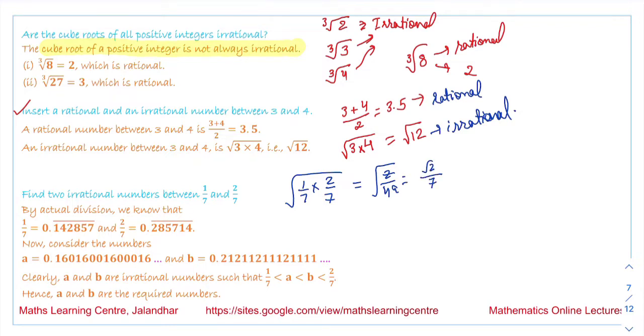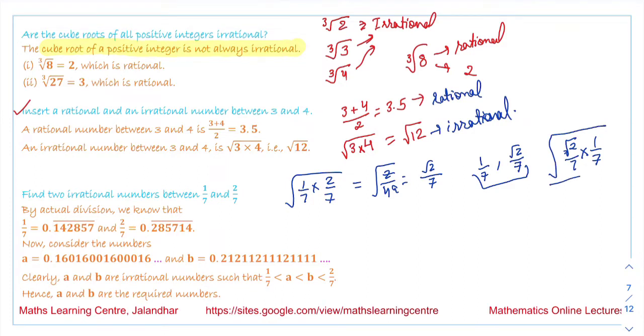This is one number you have inserted. Similarly, you can insert a number between 1 by 7 and square root 2 by 7. By using the same procedure, you will get square root of (square root 2 by 7 into 1 by 7). So this is one of the procedures you can adopt.